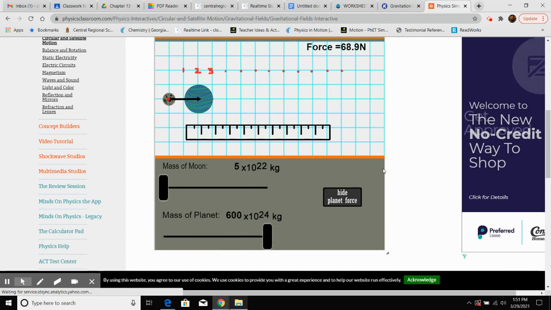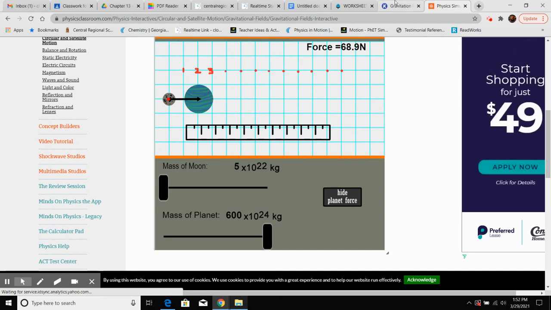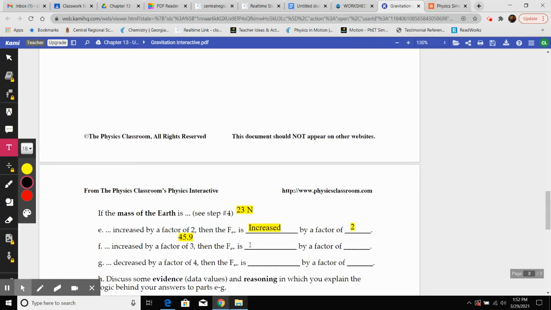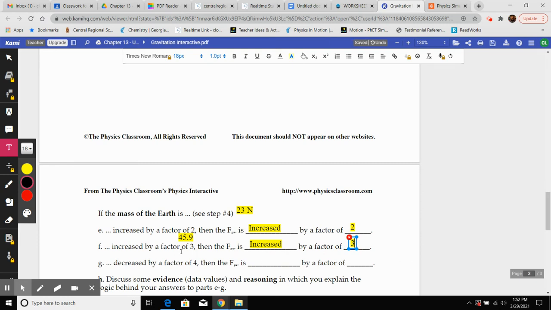And it is very, very close, 68.9 newtons. So divide that by 23, you're getting 2.9956. So again, this increased by a factor of 3. 68.9 newtons.